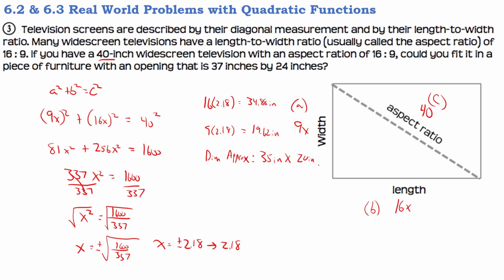We'll give a little bit of wiggle room because that's just the actual screen. And imagine there's a little bit of width on the TV outside of the screen, the plastic that holds in the actual screen. So we have 35 by 20, and we're looking to see if we can fit it into 37 by 24.